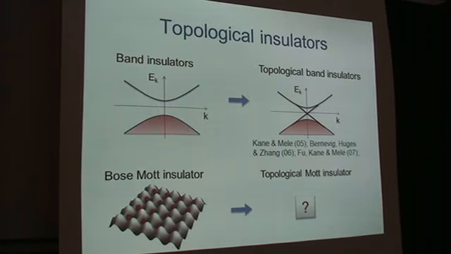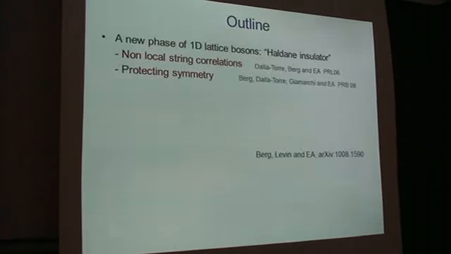So that would be, say, the analogy to a band insulator of fermions, which is also adiabatically connected to a state which is completely site factorizable. Can we have a less trivial variant of Bose-Mott insulator that has some non-trivial topological structure and maybe protected edge states? That's maybe a general question.